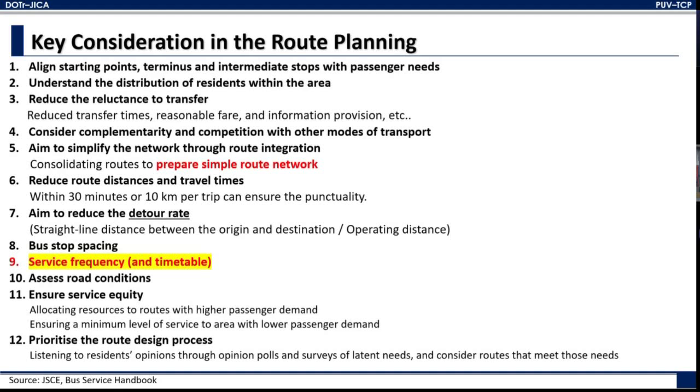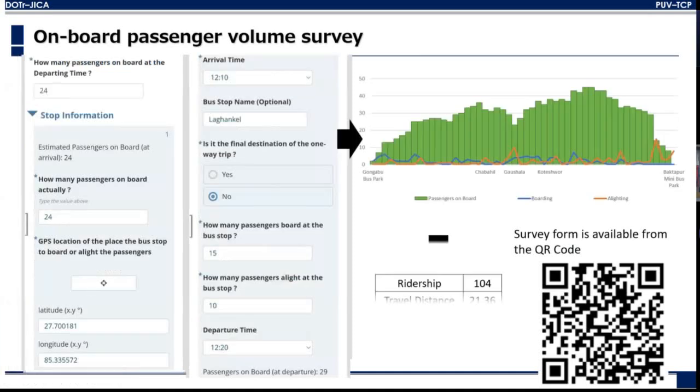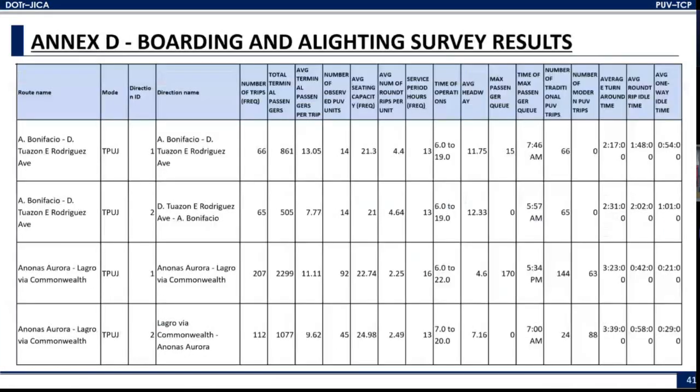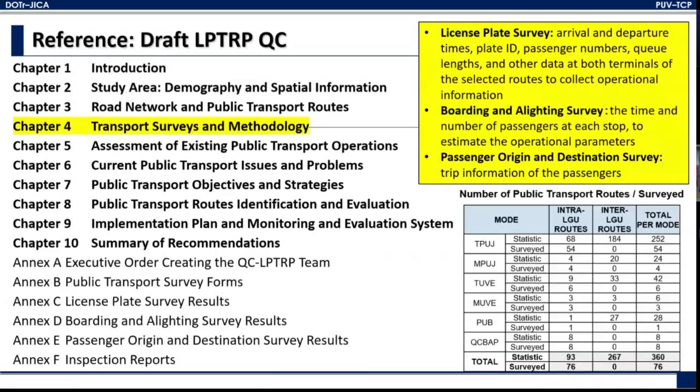Yes. At this moment, Quezon City has implemented a very comprehensive survey. So for our purpose, I would like you to utilize this information freely. For example, Quezon City implemented the license plate survey, the boarding and alighting survey, and the passenger OD surveys.